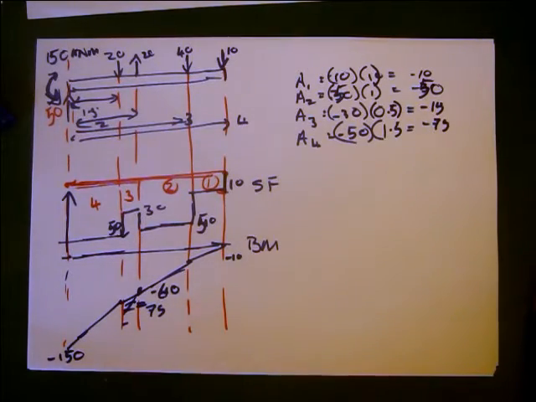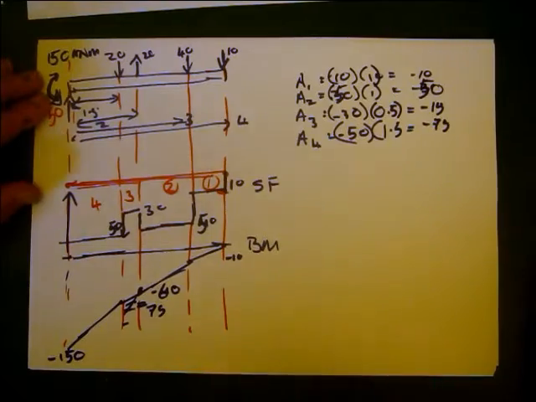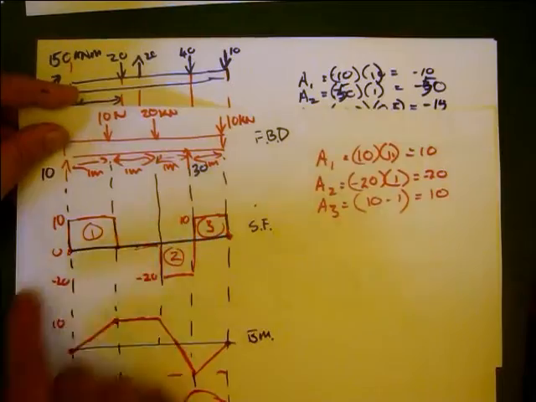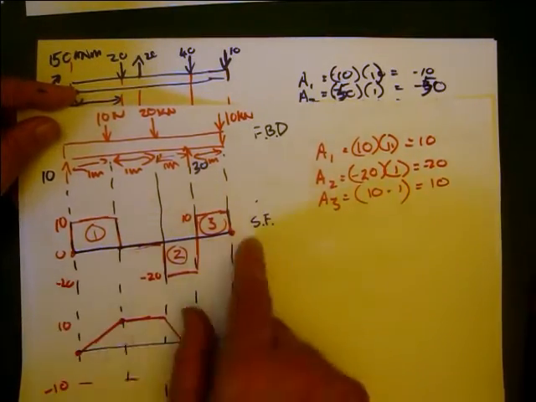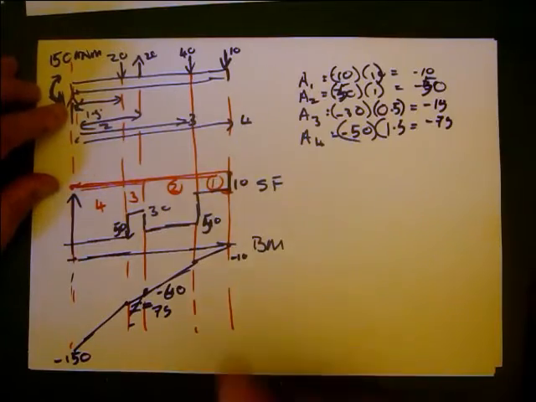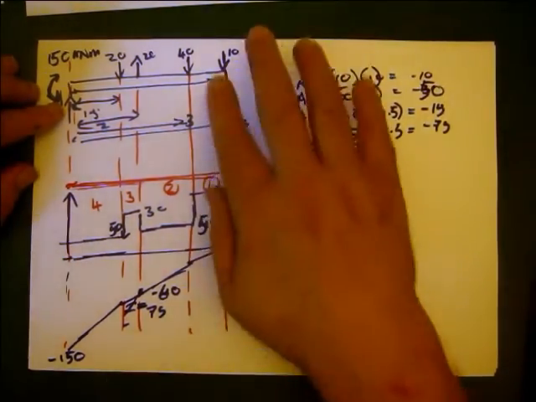Basically, what we can tell looking at this is the difference between a simply supported beam, where you start at either end and it is going to be 0, and a cantilever, where you start at the free end. At the free end, everything's going to be 0.